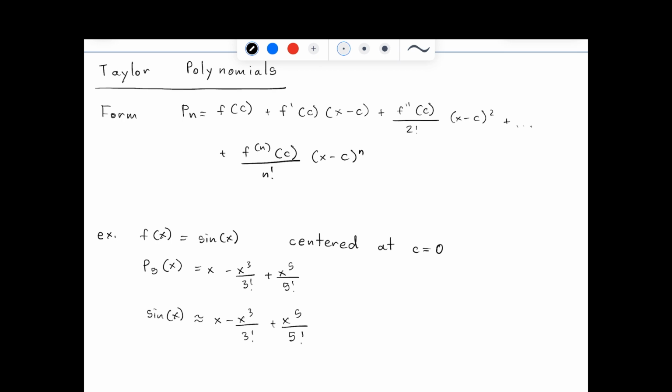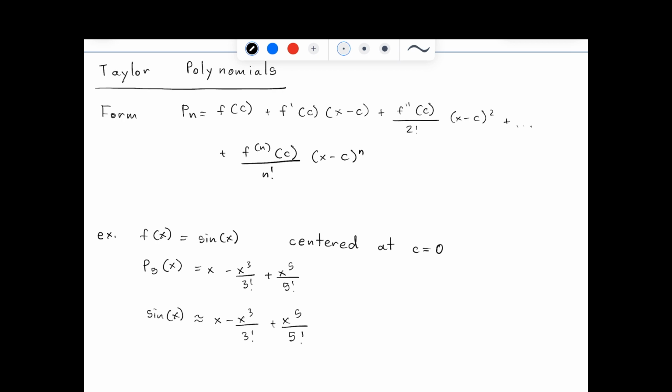So in general, Taylor polynomials take the form f of c, meaning evaluate the given function that you want to approximate at c, then consider the first derivative evaluated at c times x minus c, plus the second derivative evaluated at c over 2 factorial times x minus c quantity squared, and so on up until the nth derivative evaluated at c over n factorial times x minus c to the n, where the specific value of n will change question to question, problem to problem.